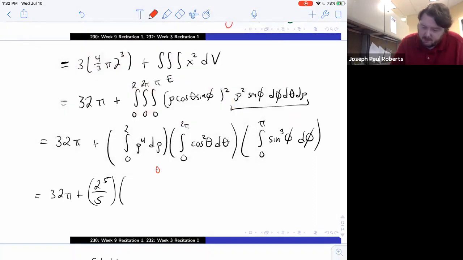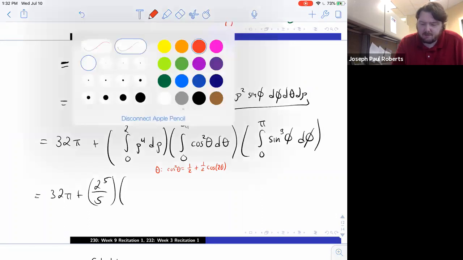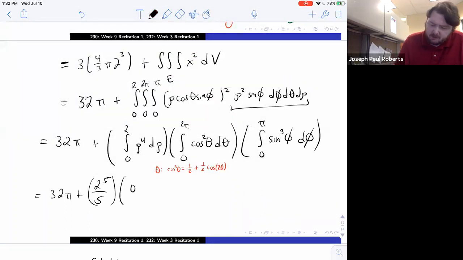So for theta, cosine squared theta is 1/2 plus 1/2 cosine of 2 theta. So remember, when you have to anti-differentiate cosine squared, you do that, which means that the theta antiderivative is theta over 2 plus sine of 2 theta over 4.